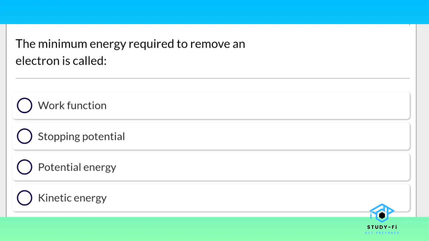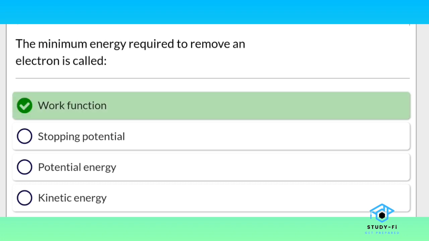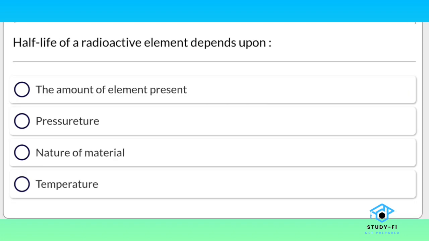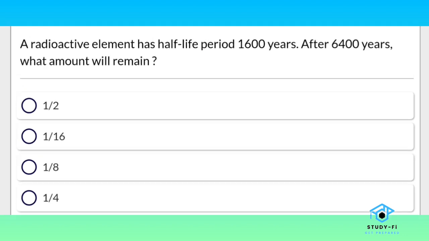The minimum energy required to remove an electron is called work function. Half-life of a radioactive element depends on the nature of material. A radioactive element has a half-life period of 1600 years. After 6400 years, what amount will remain?